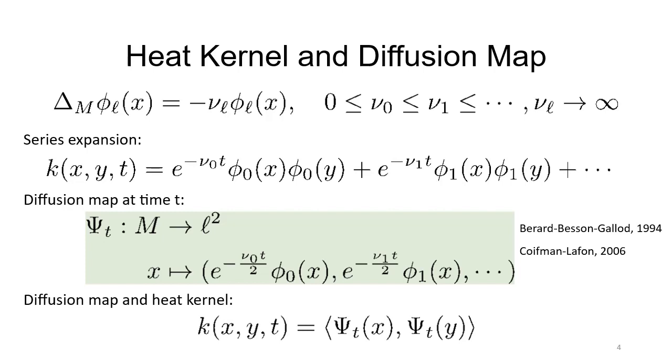Sometimes we also call these eigenvalues frequencies. And the fundamental solution, the heat kernel, has this series expansion expressed by the eigenvalues and eigenfunctions according to this equation. So it's the sum of e to the minus nu_l t times phi_l at x times phi_l at y.